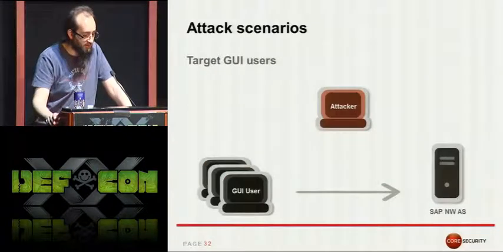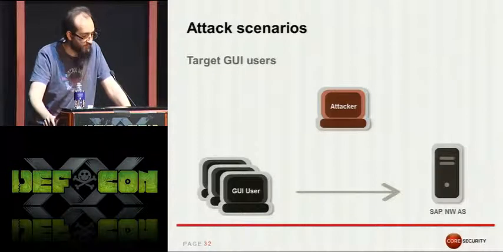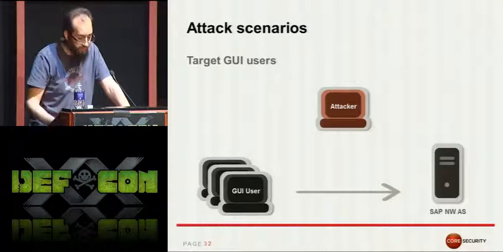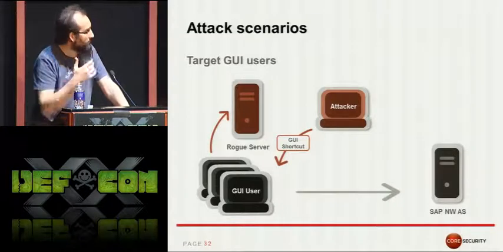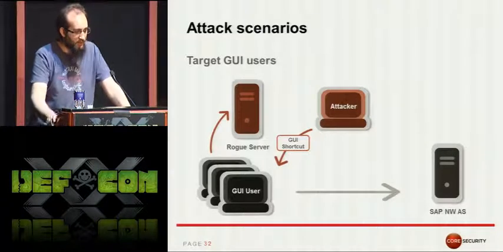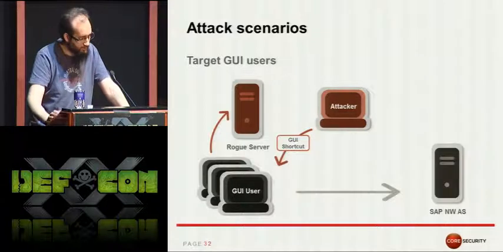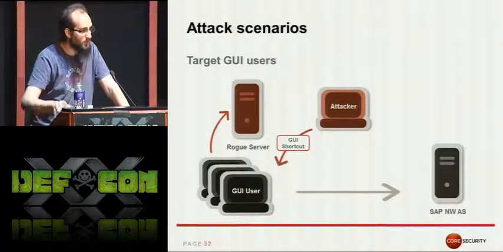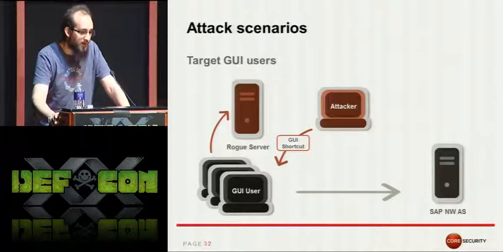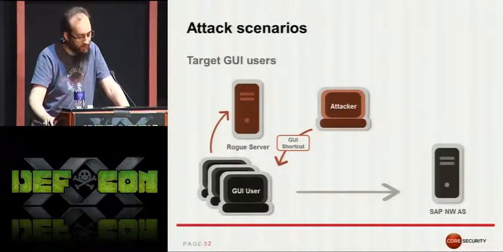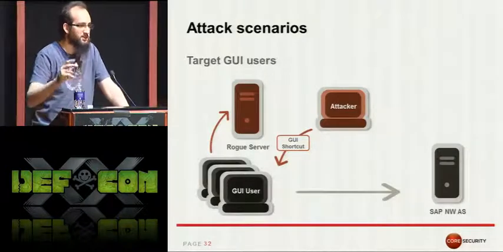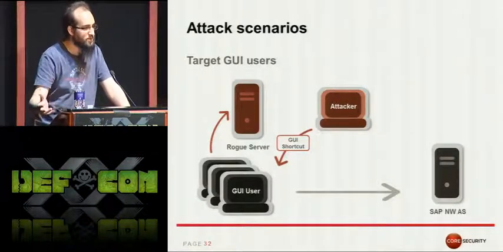Another attack scenario that I think is interesting is to target the GUI users. You can use all this knowledge and all these tools to perform a kind of client-side attack. There's a feature in the GUI application called GUI shortcuts, special .sap files that, when you open them with the GUI application, the GUI starts a business transaction or a program in the application server.